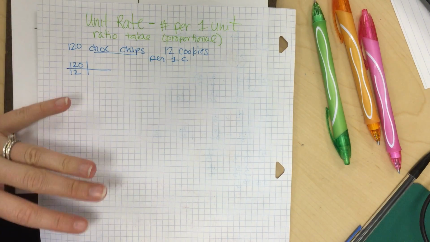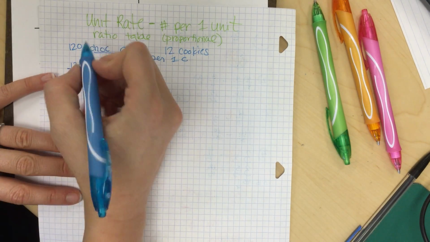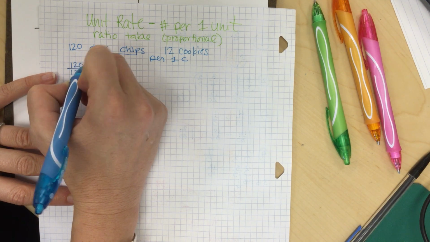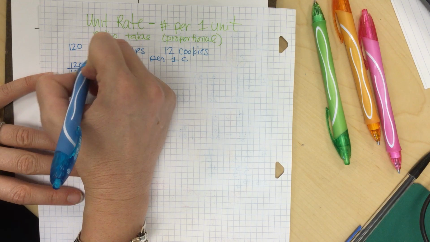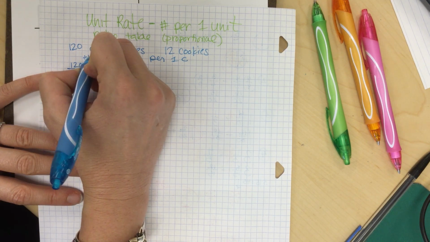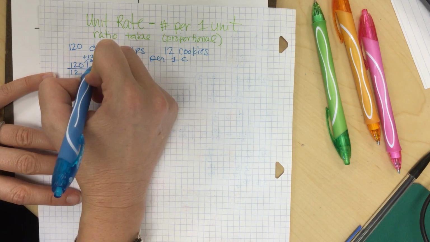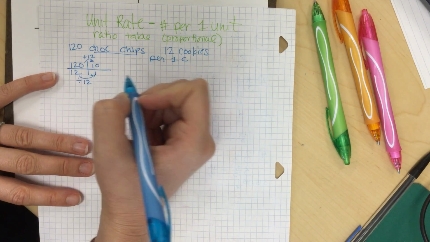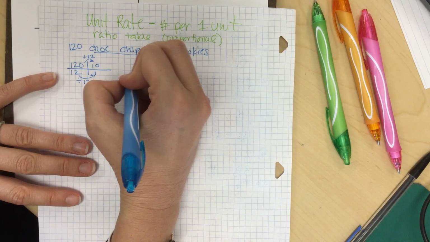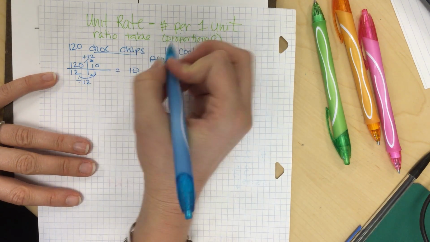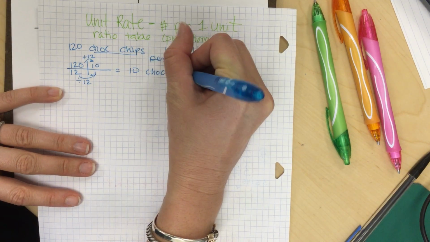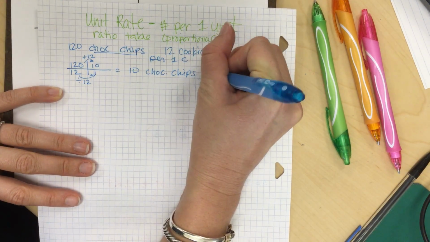I can see here that 12 is a common factor of both of these numbers. So if I divide 120 by 12, that will give me 10. And if I divide 12 by 12, that gets me 1. Therefore, I have 10 chocolate chips per cookie.